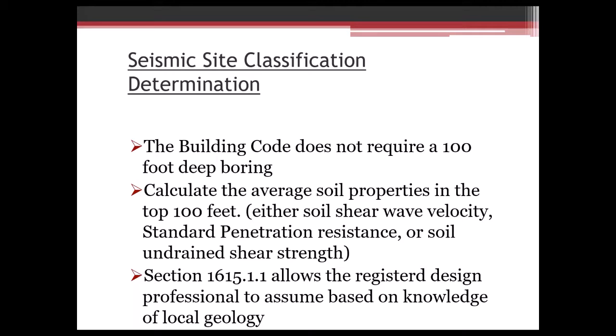The properties that we're looking for within that top 100 feet are either the soil shear wave velocity, the standard penetration resistance, or the soil undrained shear strength. What we do then is determine the weighted average of one of those 3 properties to determine what the seismic site classification is.